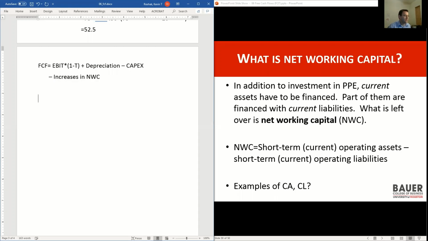So what is net working capital? These are your short-term operating assets minus your current operating liabilities.